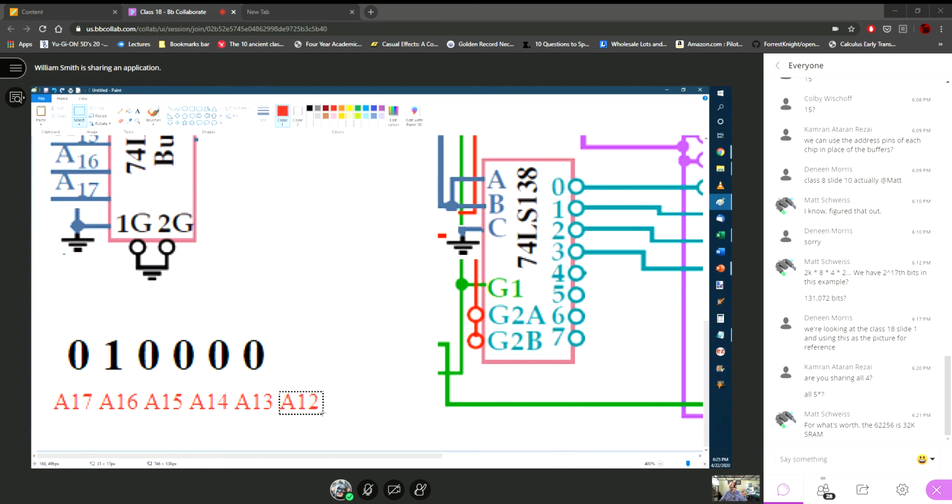Offset, jigger these around a little bit. So here's 13. Here's 12. Here's 14. Here's 15. Here's 16. And here's 17. All right. So here's what I'm trying to do with it.